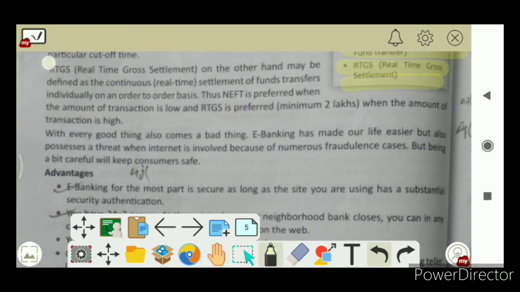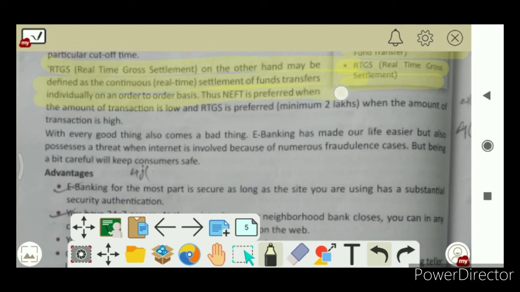Here RTGS, real time gross settlement, on the other hand, may be defined as the continuous real-time settlement of fund transfers individually, on an order by order basis.